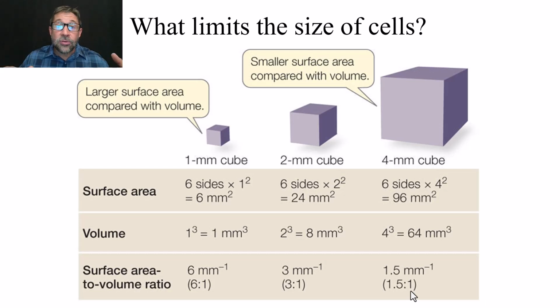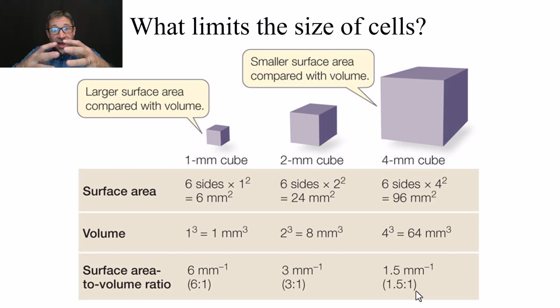So the surface area to volume ratio decreased as the size of the cell gets larger. In other words, this small cell is 6 parts surface relative to the 1 part volume, whereas this larger cell is only 1.5 parts surface relative to its volume.